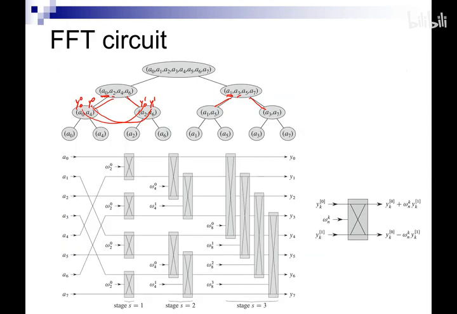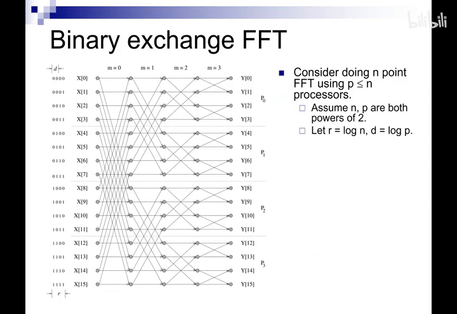So the key is to figure out which values are being matched up. What is the rule for figuring out which processes to match up? The rule is, for example here, we're going to match the zero value with the eighth value.